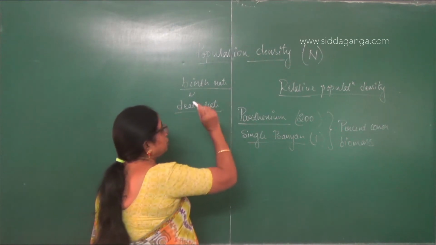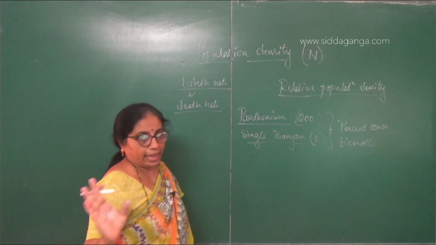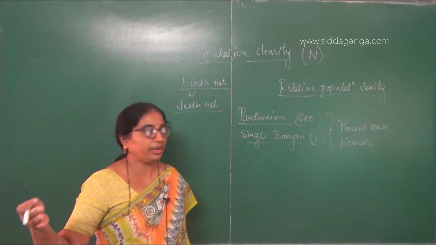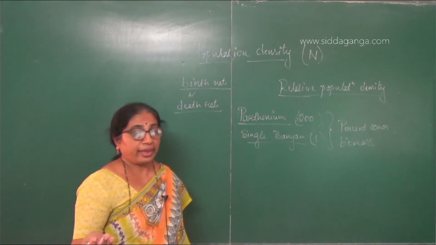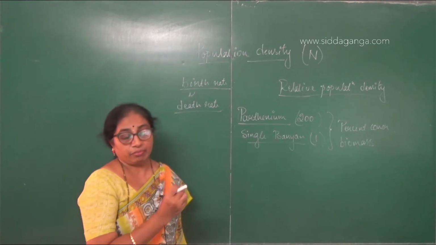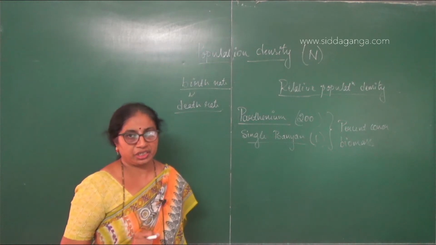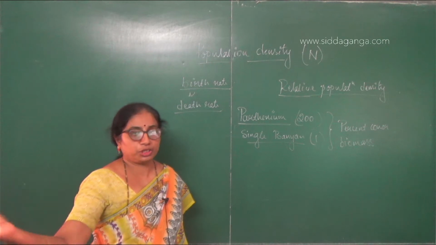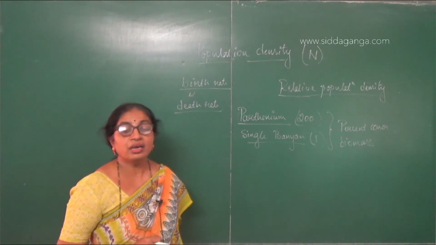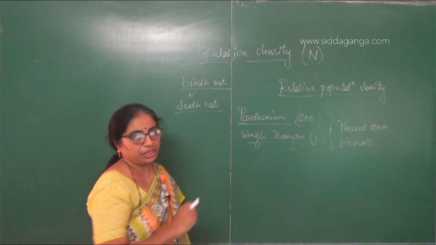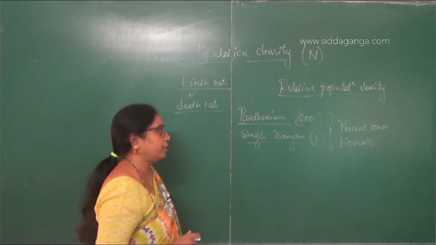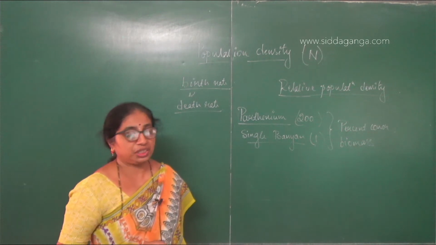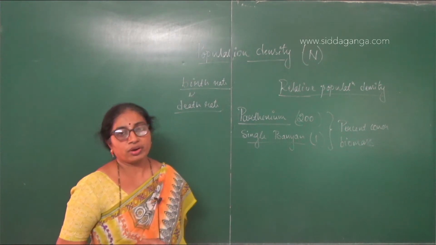So for population density, either you can take the absolute values by making a count of each and every individual, or you can calculate the relative population density, where you can make an approximate calculation, as I told you in the example of fish in a pond. And here we can also make a population density study by percent cover or biomass.